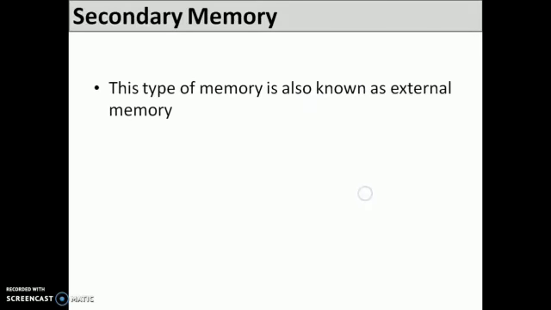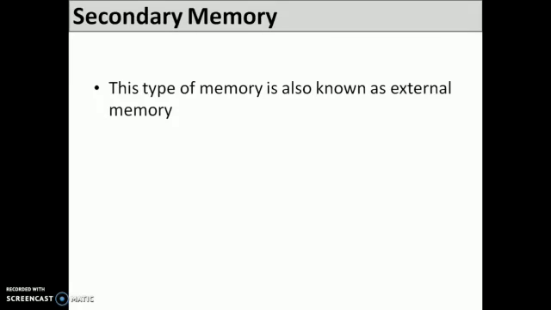Secondary memory. As I explained, internal memory, main memory, can store and retrieve data very quickly. So, it is used to help the computer with whatever it is currently working on. But it forgets its contents when the computer is switched off. That's why computers also have auxiliary memory, which remembers things even when the power is off.